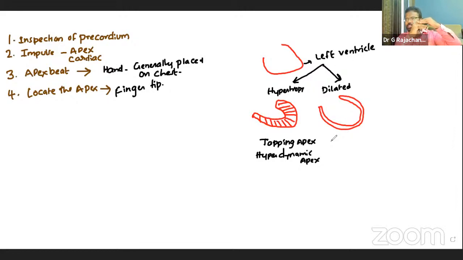Instead, it is a generalized feeling, as if the hand is being lifted with each beat. This is called heaving apex. So when you have a heaving apex, it suggests left ventricular enlargement, that is dilatation. So I hope that's clear there.